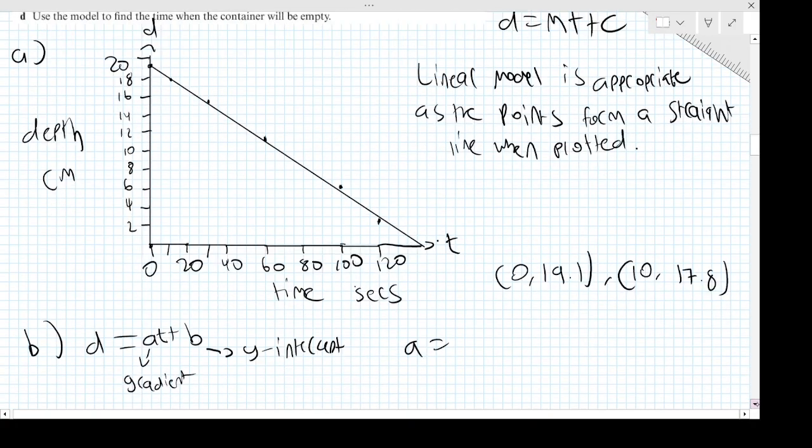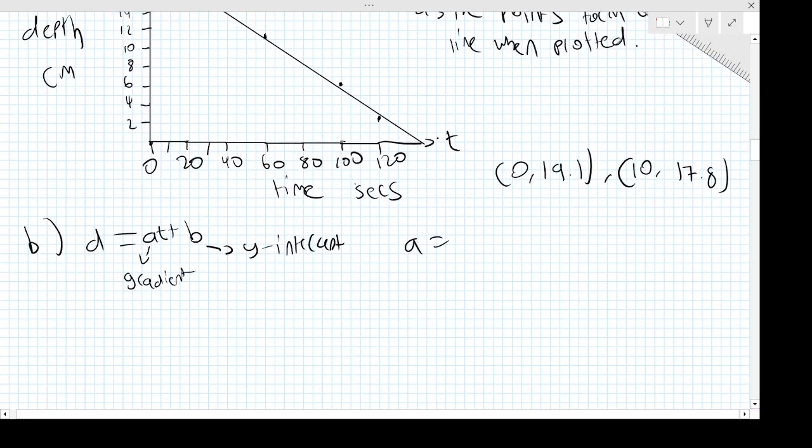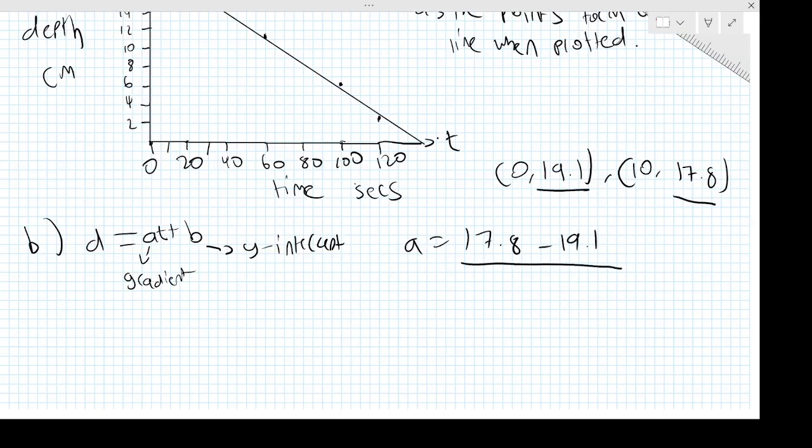So then we can compute the gradient. So the gradient between them would be change in y over change in x. So let's take this as y, 17.8. Take away the other y value of 19.1. Then change in x, so we're going to have 10 take away 0.